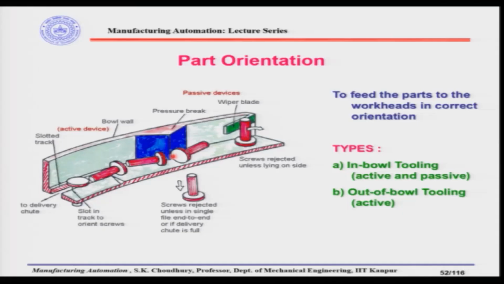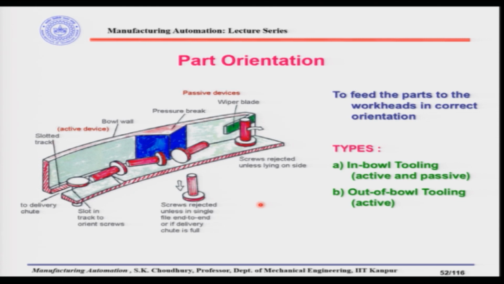So, there is a pressure from the parts which are located further, and since they are in a single file, these parts will not allow the parts coming in this way from here, and those parts will fall here. And the pressure brake, as I said, will not allow these kinds of parts to go through.